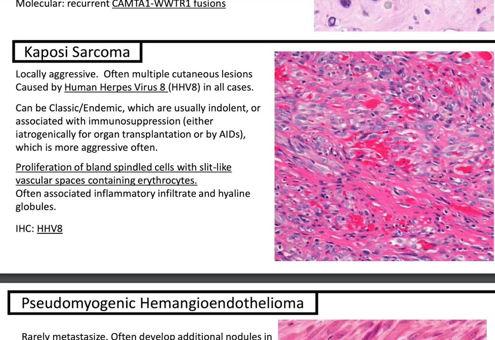Histologically, you'll have a proliferation of bland spindled cells with slit-like vascular spaces containing erythrocytes, and it is often associated with inflammatory infiltrate and hyaline globules. Your differential is angiosarcoma, but your IHC should show HHV8 positivity in Kaposi's.